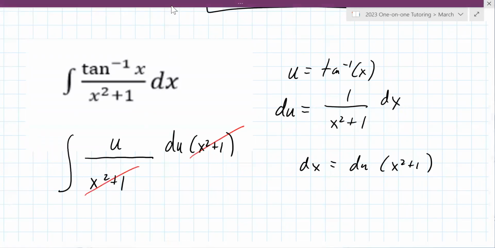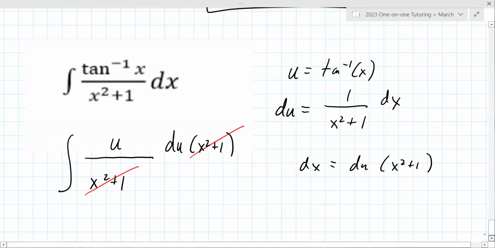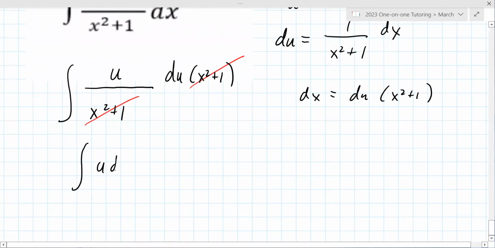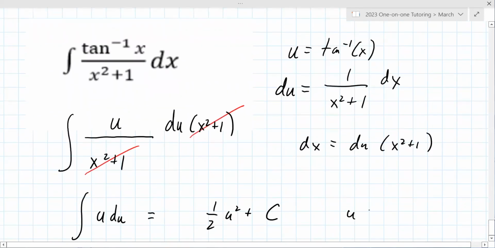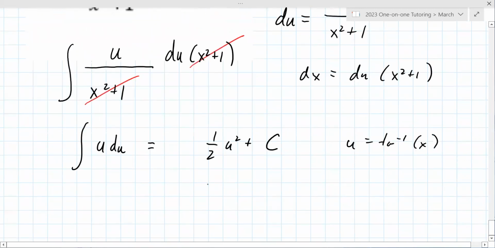That becomes just the integral of u du, which is 1/2 u squared plus c. But you have to back substitute, since it's not u, I'm using tan inverse. u is really tan inverse of x. So it becomes 1/2 tan inverse of x squared plus c.